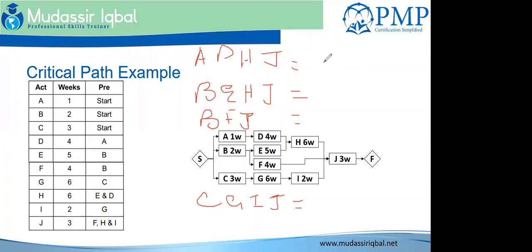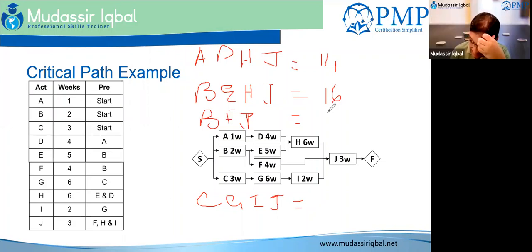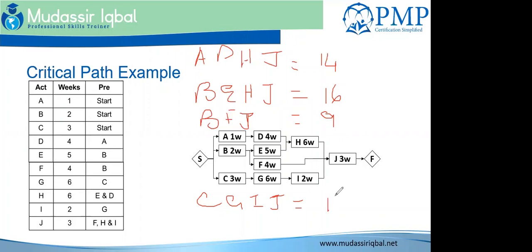Yes, 14 for the first path. 25. 16 for the second. And 9. 14 for the last.